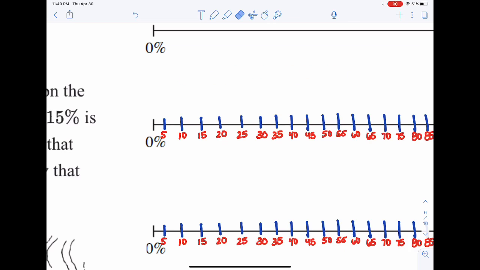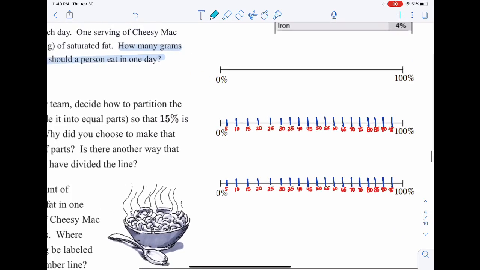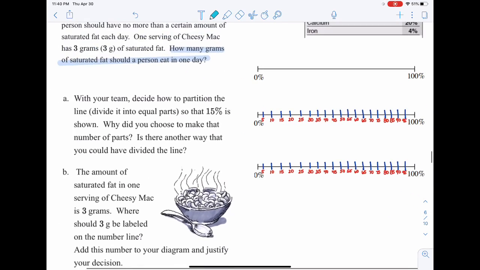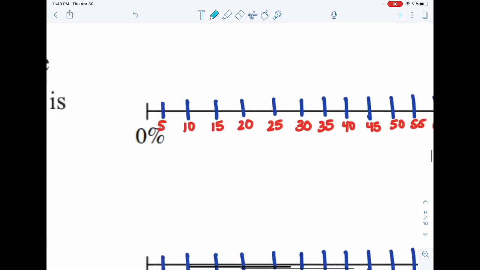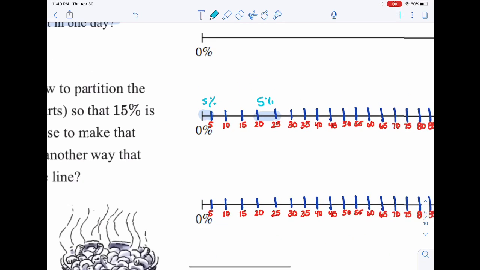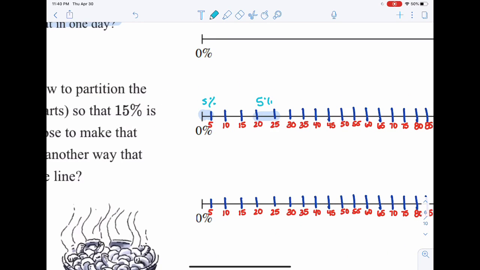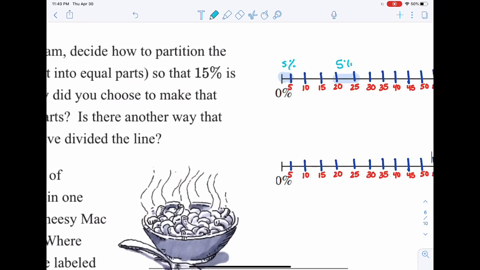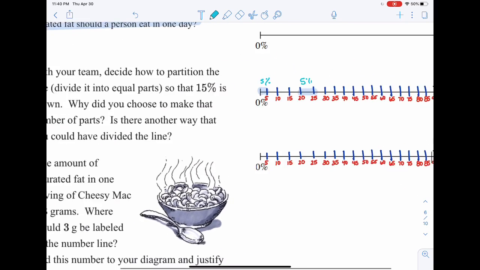So that's why I didn't do it that way. And I decided to do it instead by 5s because 15 is divisible by 5. Okay? So each of these little sections right here, that's 5%. And that's 5%. Just Miss Lopez can't make them equal because she's not perfect. So that's why I decided to do it 5%.